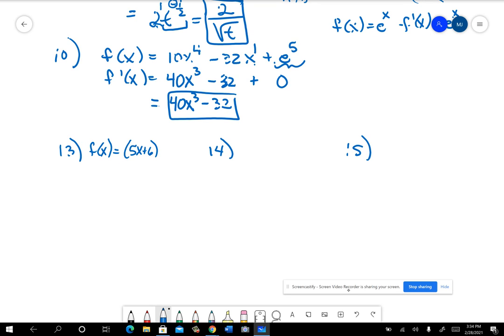So like 13 had a problem like this, 6x squared plus 5. Okay, 14 had a quotient. Okay, and 15 had an exponent on this.